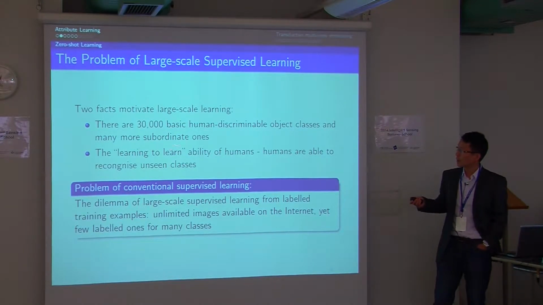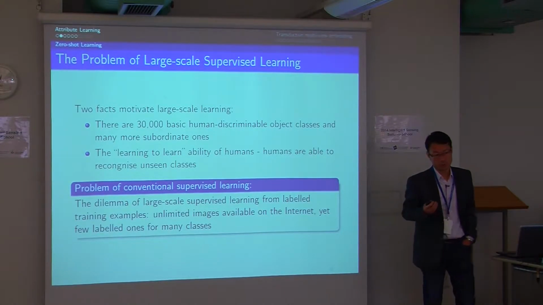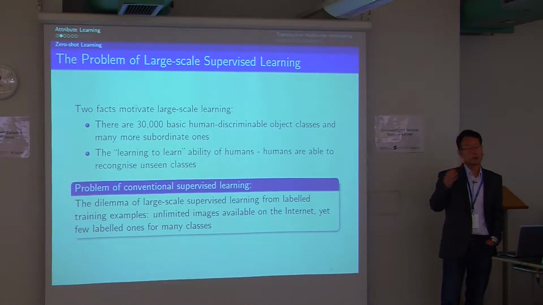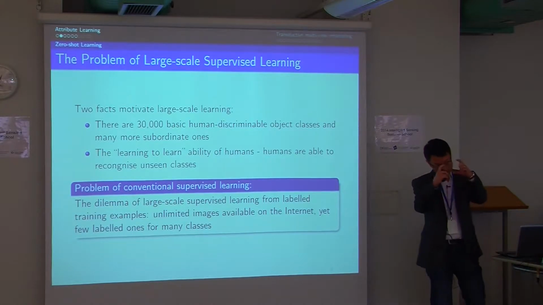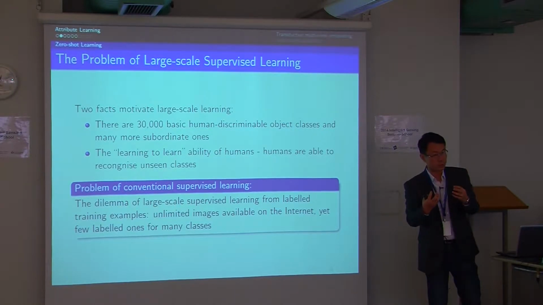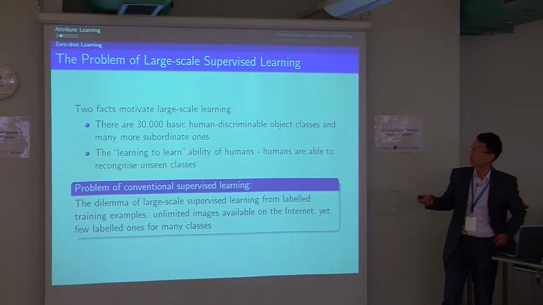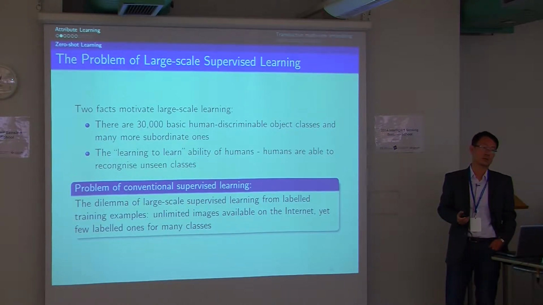And people can recognize many more subordinate ones. For example, people can recognize a Ford Focus. People can also recognize a Ford Focus with a sticker on the back saying 'little princess on board'. You can randomly combine different things together to generate some new categories. So in fact, people can recognize much more than 30,000 categories.